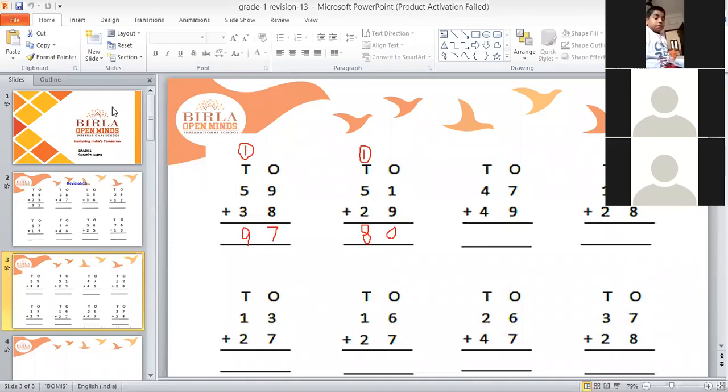Ketan. Yes, ma'am. Now read this question, 47. Read this quickly. 47. Read the complete question.